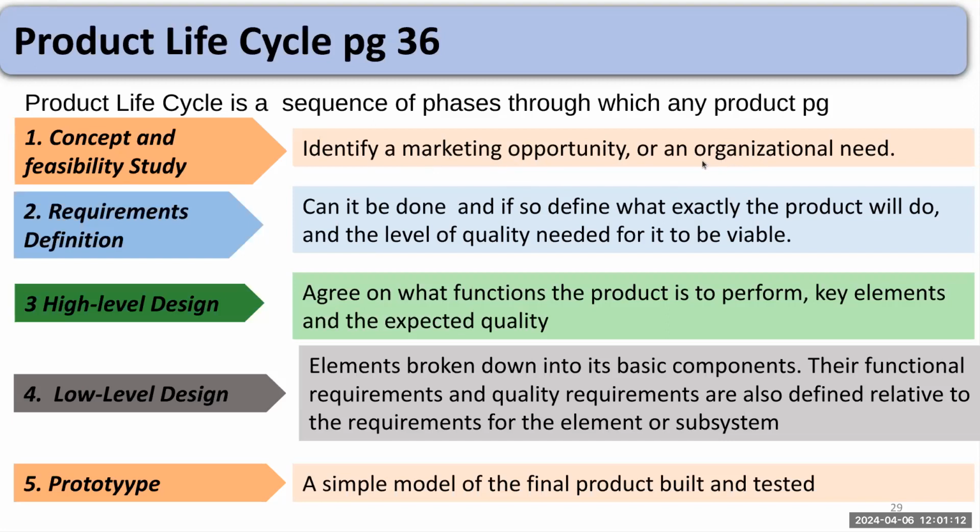If a company says it wants this product, the producer must think about the organizational needs. Or if you are planning to make a common product, you have to think about the market. If it is profitable, you can think about developing this product.